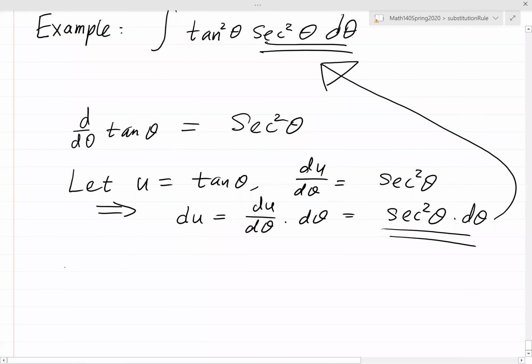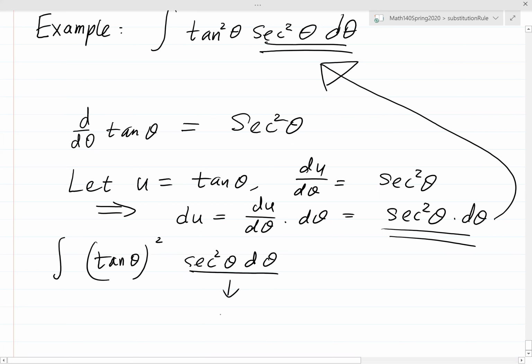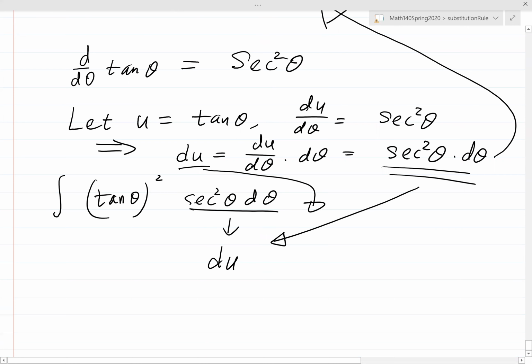So then use our substitution. Tangent squared theta, and then secant squared theta d theta. We substitute by du, and tangent theta is u. So we get u squared du.